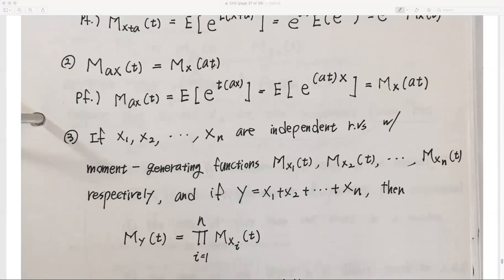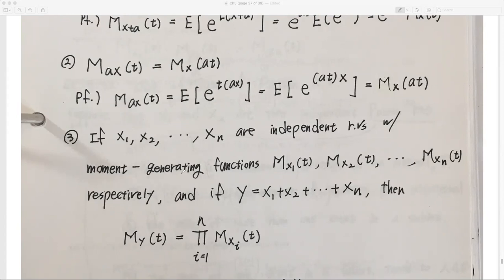This one can also be proved easily just using the definition. M sub aX is the expected value of e to the t times aX. Then, using the associative property, we can say e to the a t times X. So that's going to be the moment generating function M sub X of a times t.